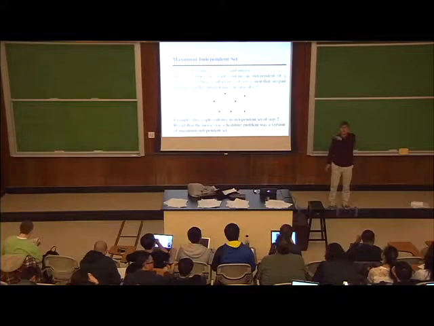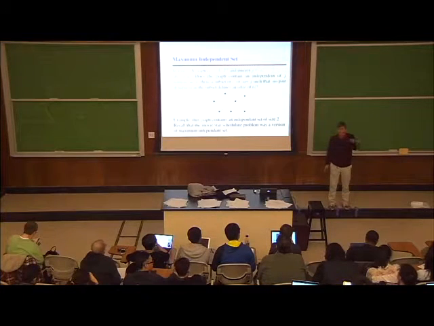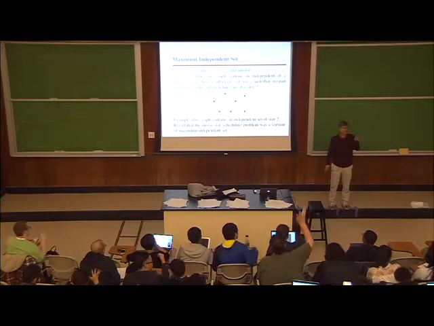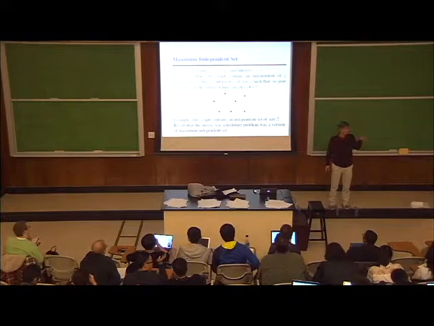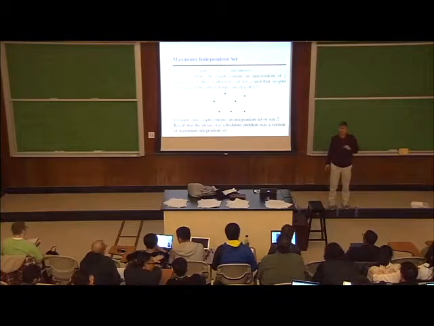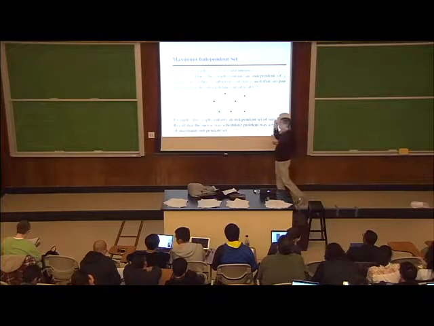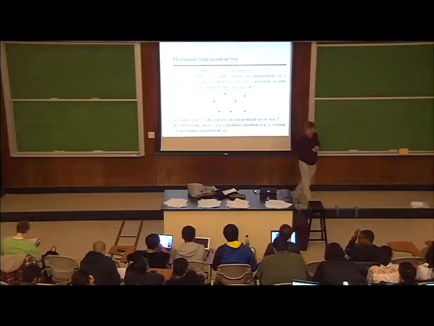Does everybody see that that problem is an independent set problem? How many people see it? How many people don't see it and want to see it? Any questions? Okay, good. Now my claim is that this problem is going to be a hard problem.